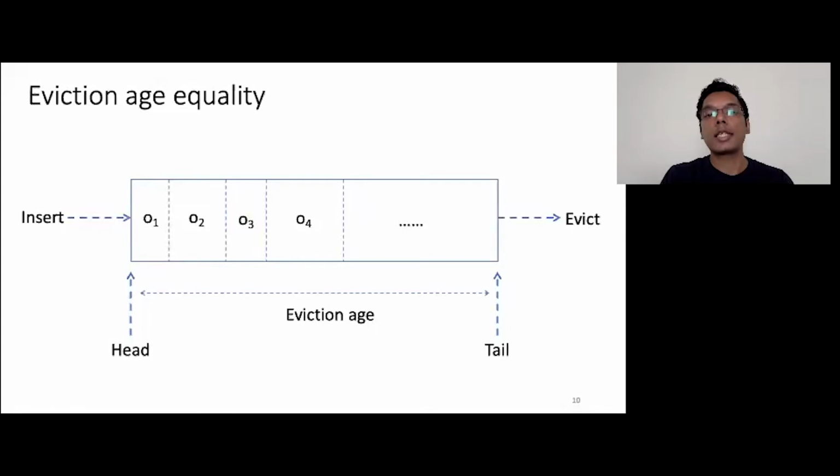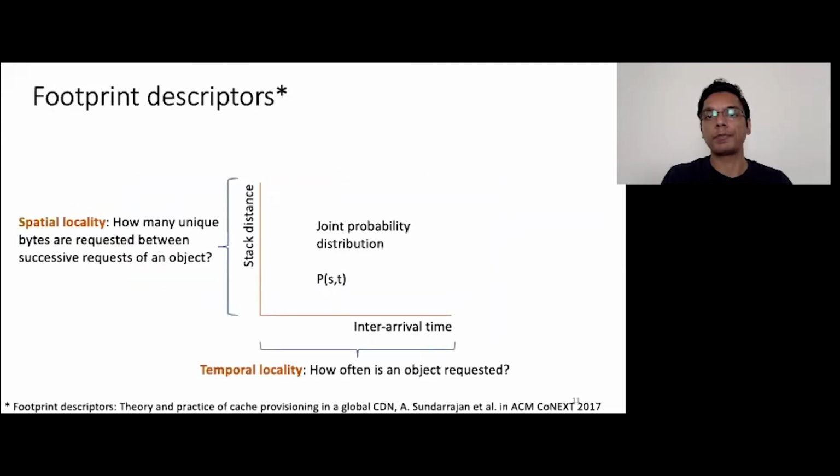And so when an object is accessed and it is placed at the head, and if it is never accessed again, the eviction age is the amount of time it takes for that object to go from the head to the tail. Given a large enough cache, we assume that all objects in a cache have the same eviction age, which implies that all traffic classes have the same eviction age, and this eviction age is also the eviction age of the cache itself. But how do we get the eviction age?